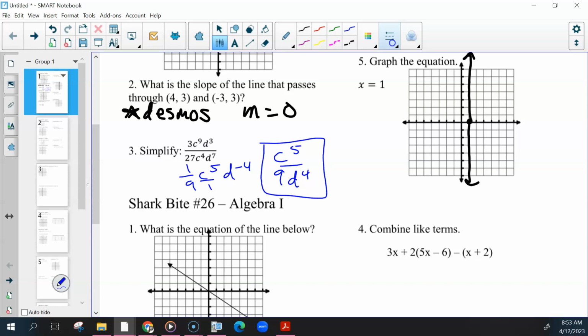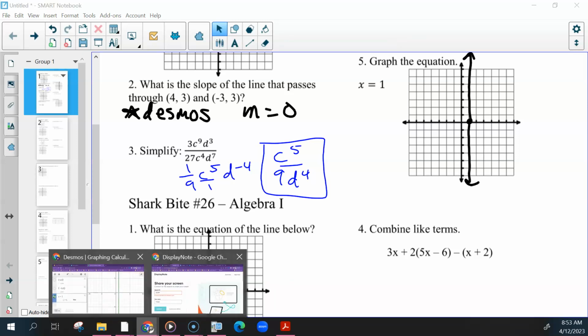Now that we know what the answer is, we could check it in Desmos, but you couldn't really do anything with this in Desmos until you at least have an answer.